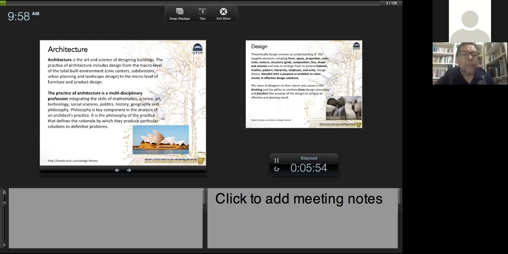You need to understand a lot of factors or components. This sentence mentioned that you need to have a skill of mathematics, meaning numbers, and science. When we discuss environmental science, climatic responsiveness, this is something to do with science.